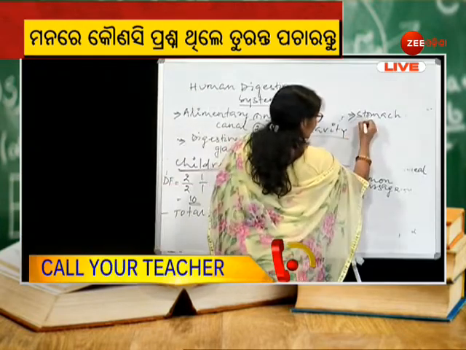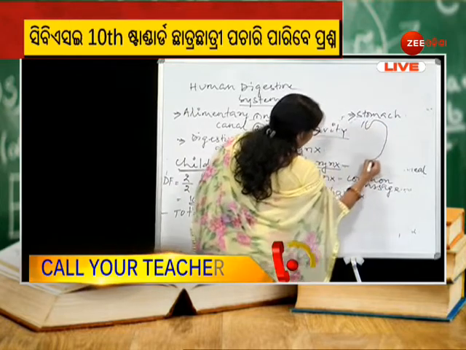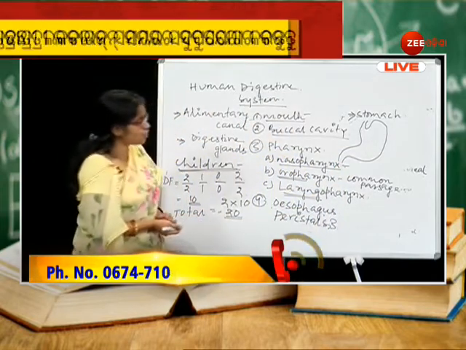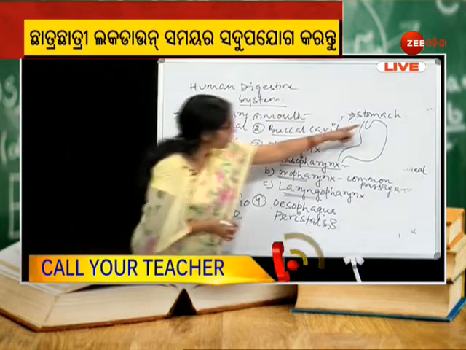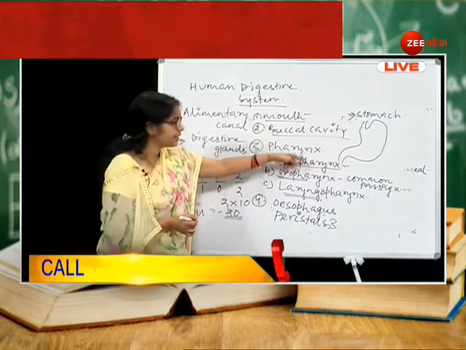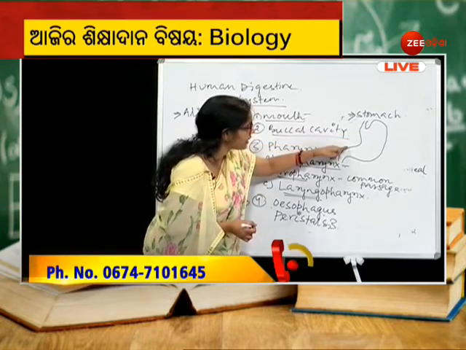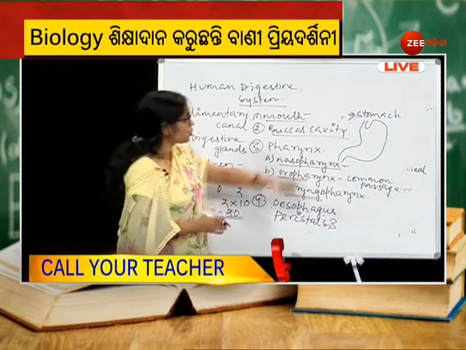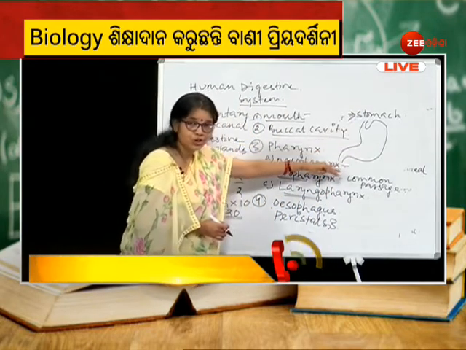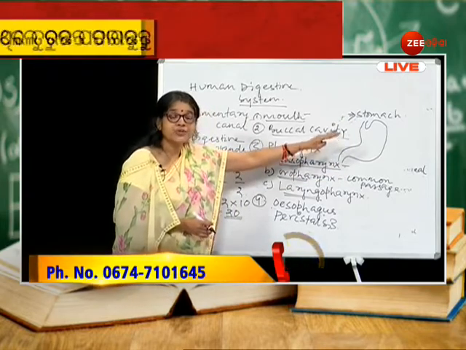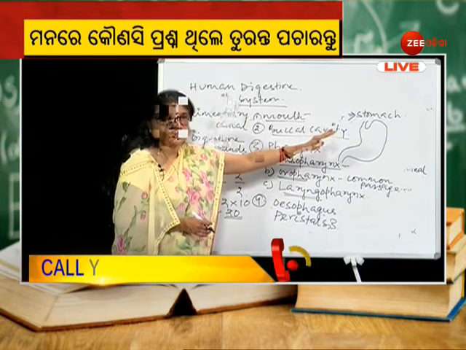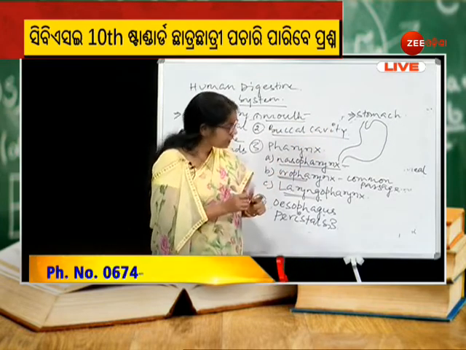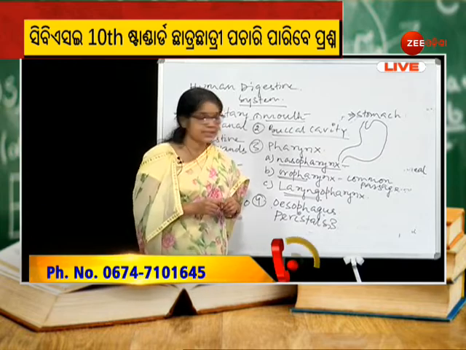Imagine this is the structure of the stomach, having a convex side and a concave side, known as the greater and lesser curvatures. We will discuss the stomach in detail in the next class.